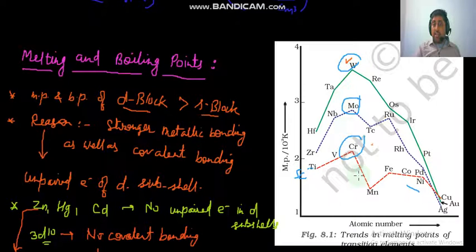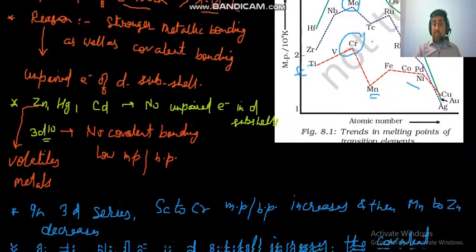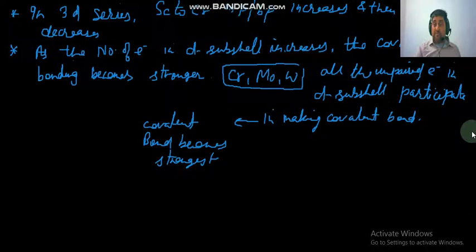Okay, now what is wrong with manganese? Exactly half-filled electronic configuration d5, and that electronic configuration is definitely going to affect that. So we'll see here what happens in manganese and technetium.